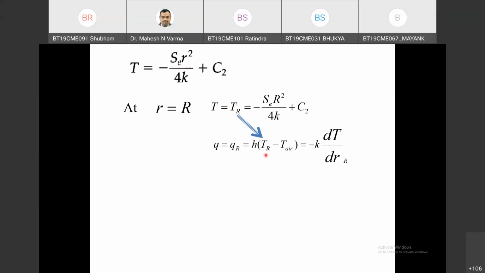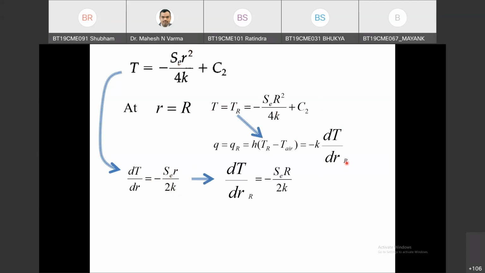Substitute this TR here, and dT/dr is minus SCR divided by 2k. Differentiate, now substitute it here. dT/dr at r equals R is estimated at R, so this will be the flux at the surface. And substitute it here.